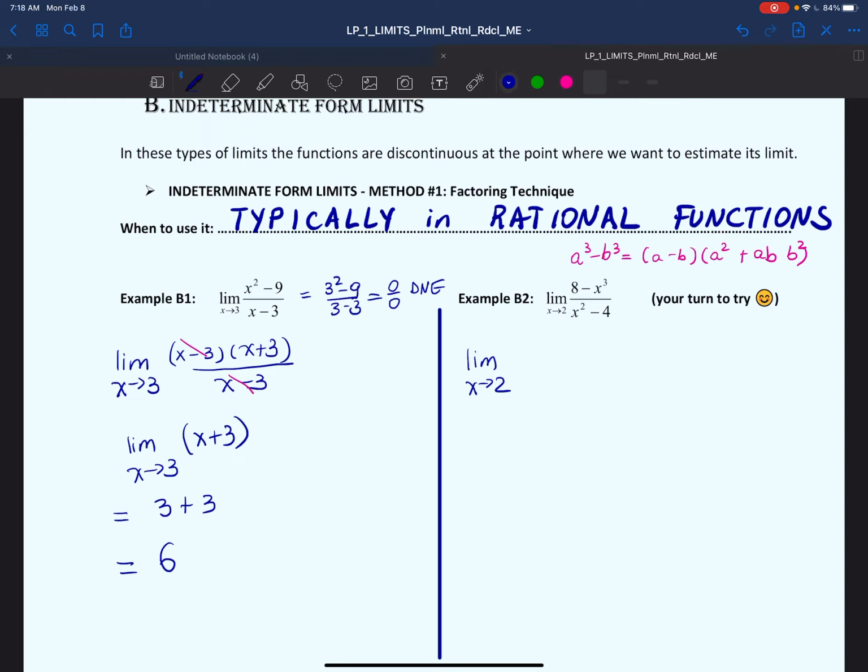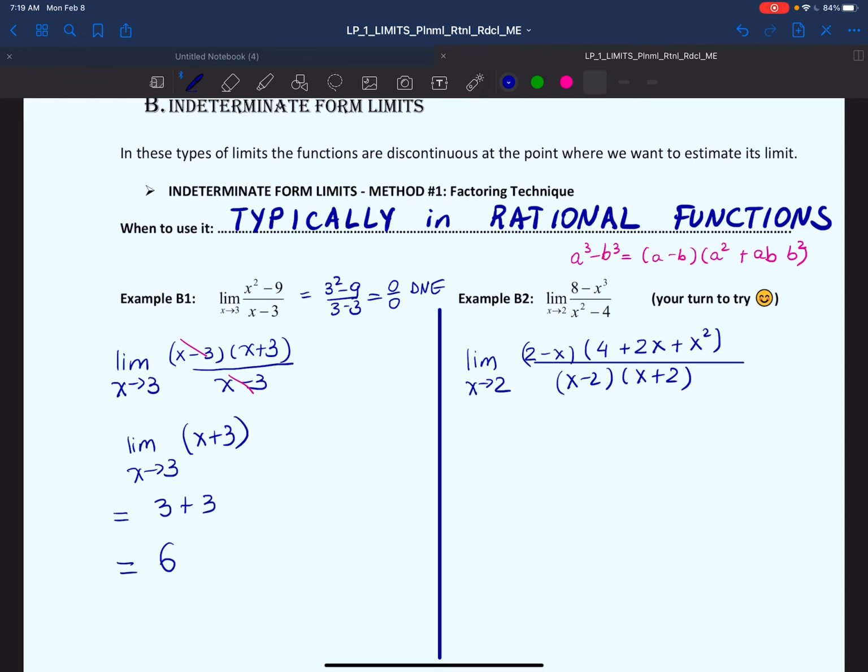So we're going to say that here we have 2 minus x, and then in brackets we have 2 squared, which is 4, plus 2 times x, and then plus x squared. And down in the denominator we have the factored form x minus 2, x plus 2.